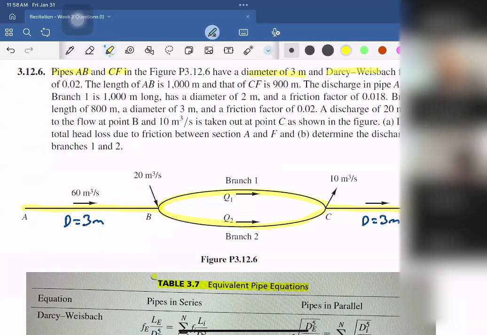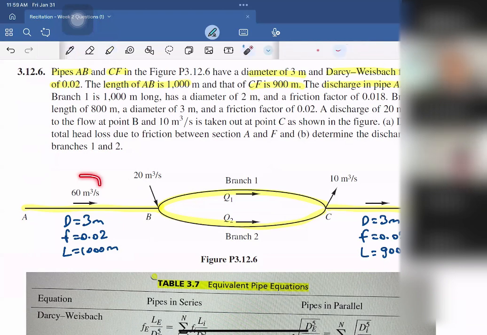And thus the Darcy-Weisbach friction factor is 0.02 for these two pipes. And we have the length of AB and also CF. So length is here 1000 meters and here 900 meters. And we also have the discharge in pipe AB as 60, which is given here.